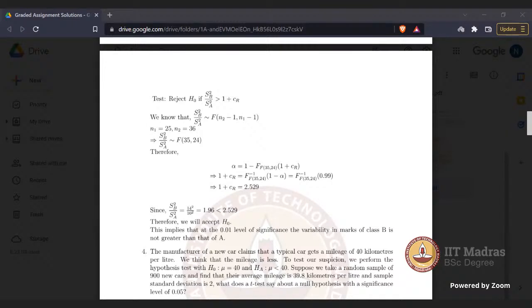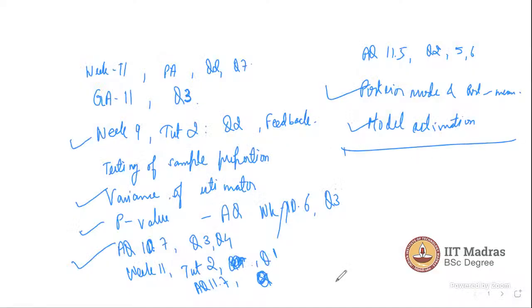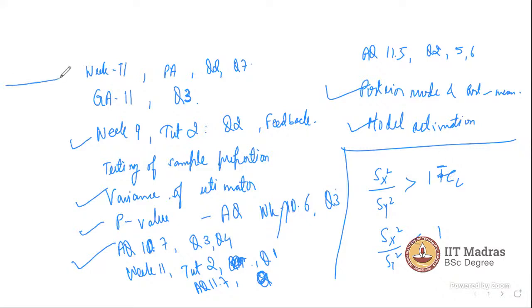Sorry ma'am, can you repeat it? If any one of it satisfies, what I am trying to say is, if your Sx square divided by Sy square is greater than 1 plus CL, sorry, 1 minus CL, or Sx square by Sy square is less than, I think the other way.